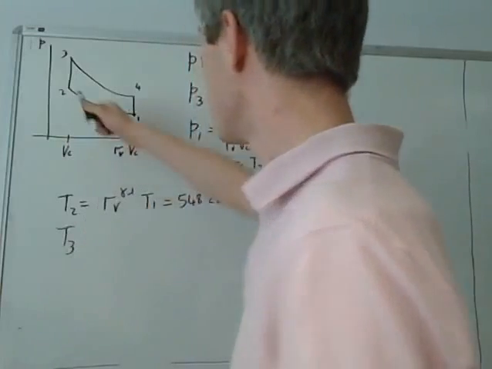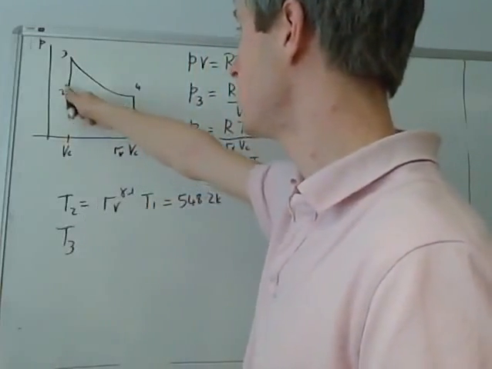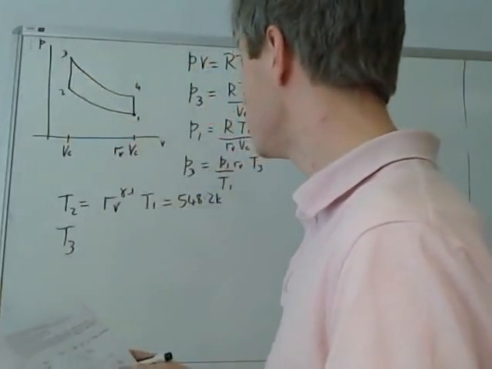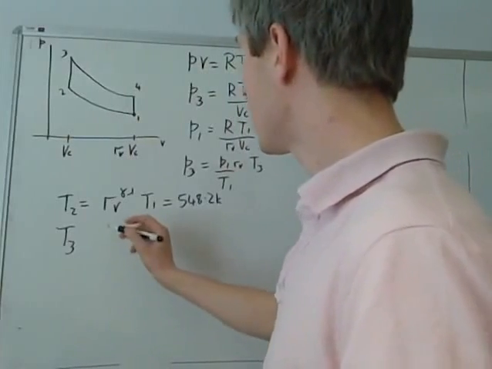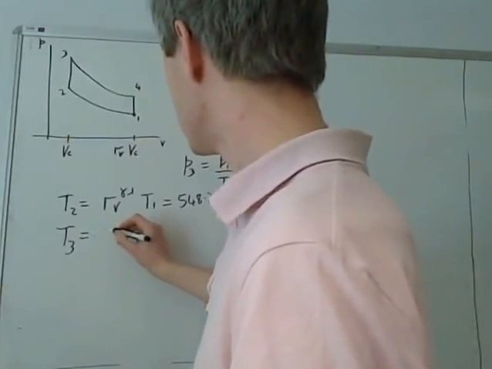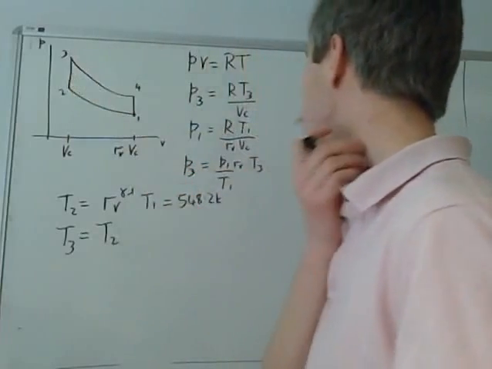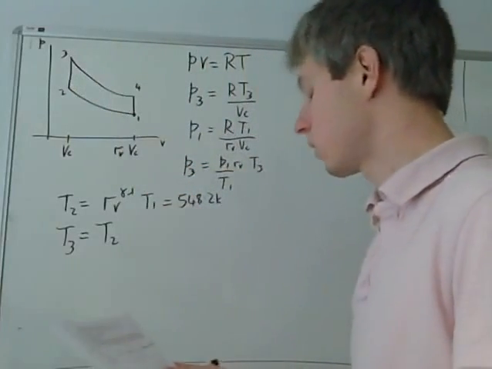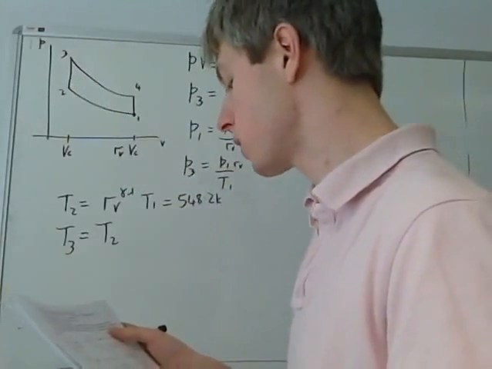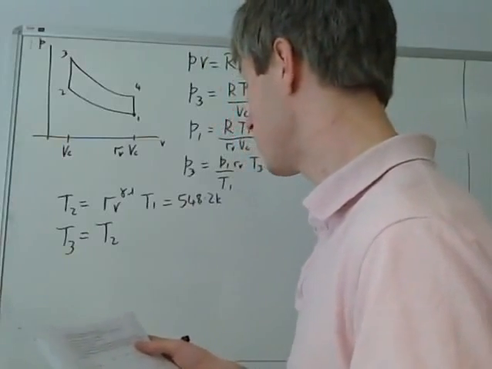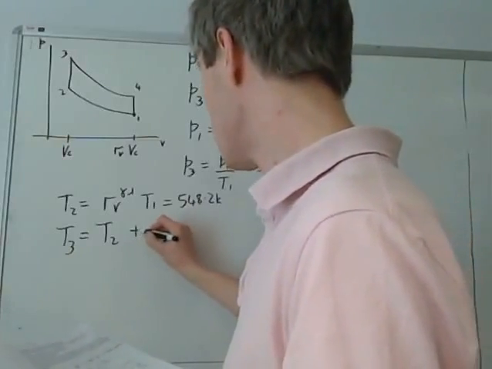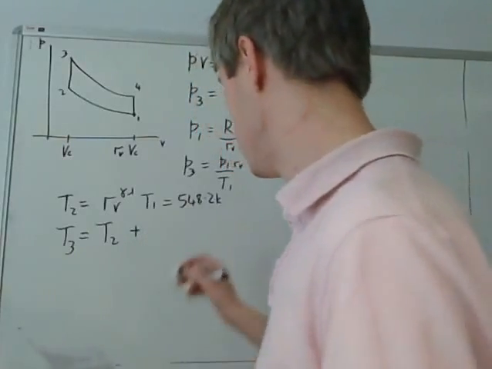Now we need to find T3. We're starting at T2, we're putting in heat, and we're told in the question how much heat per kilo. So how do we convert this heat input of 2,000 kilojoules per kilogram into a temperature change? In order to do that, we need to use the heat capacity.